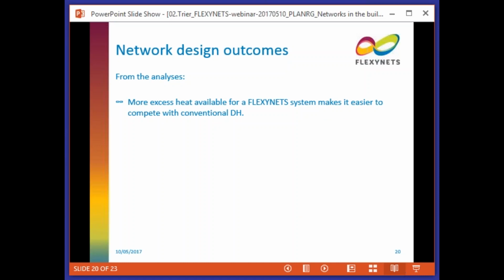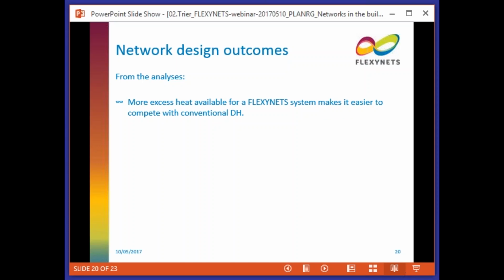Also, as you saw before, the different geographical diameters of the ring structure. Is it a big ring covering a large part of the area that we investigate, or is it only located in the very central part of this area that we would like to cover with the FLEXYNETS concept?